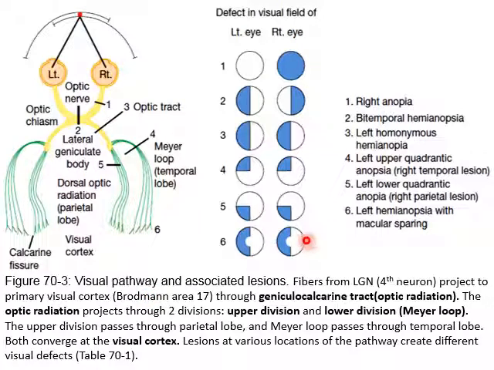So the area of the macula is spared when you have a lesion affecting the visual cortex of one side. But you can also get a lesion of the center alone, as you will learn in the following slide.